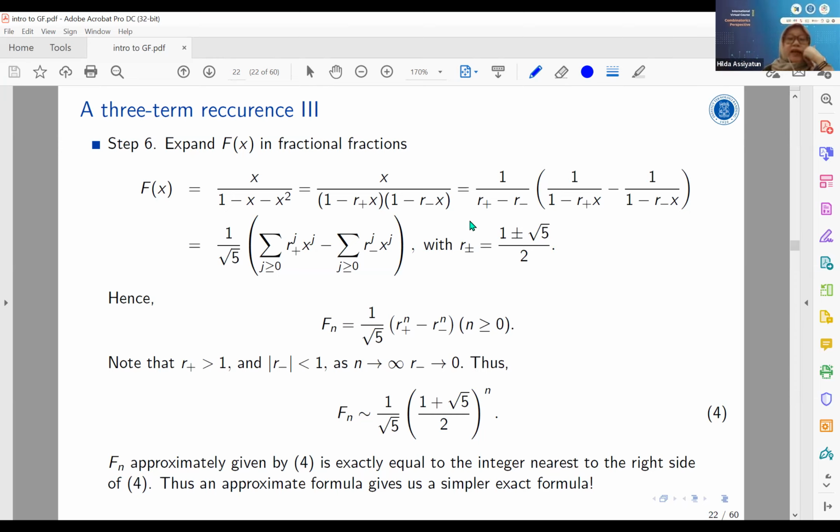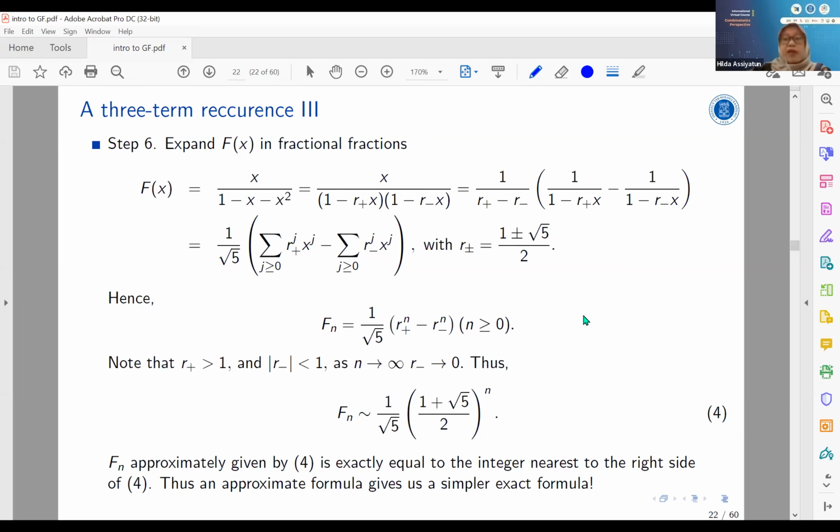So this is our generating function in the form of partial fractions. From here we have the explicit formula for our sequence: F_n equals 1 over square root of 5.